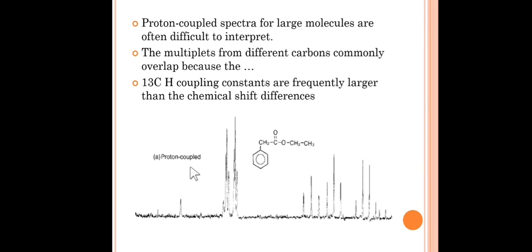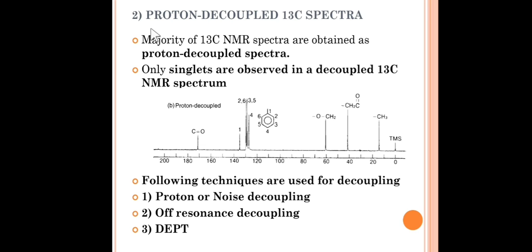So the majority of the time we use the second type, the proton decoupled C13 spectra, which shows only singlets because we have decoupled the proton signals.